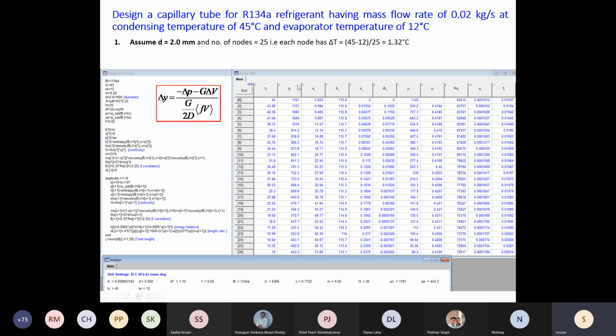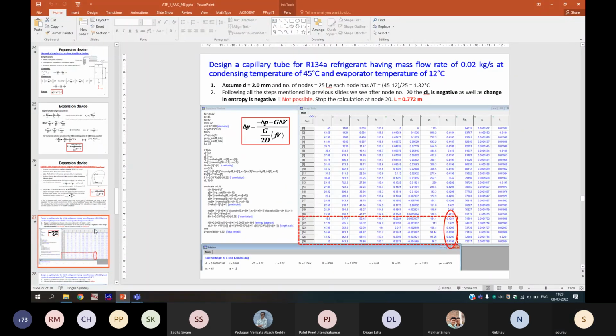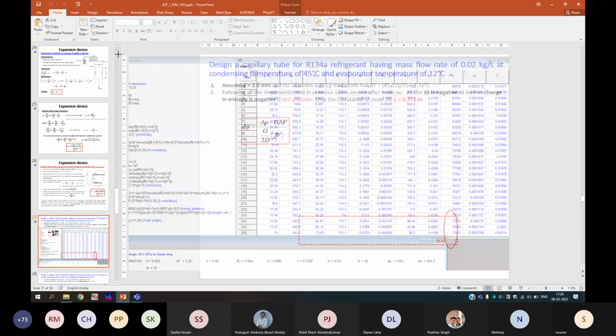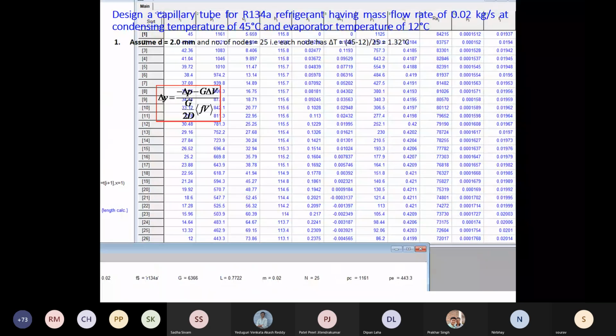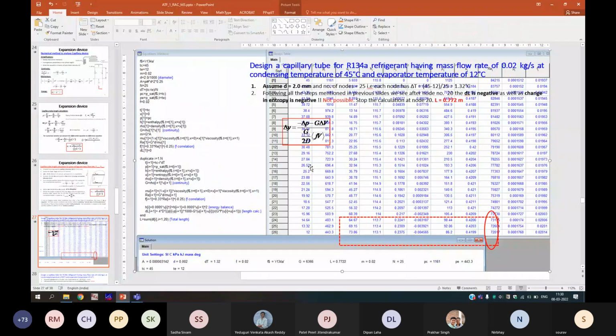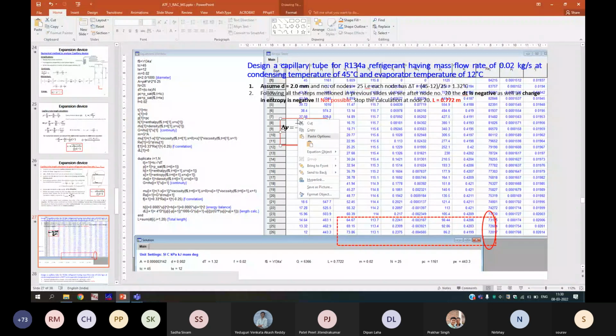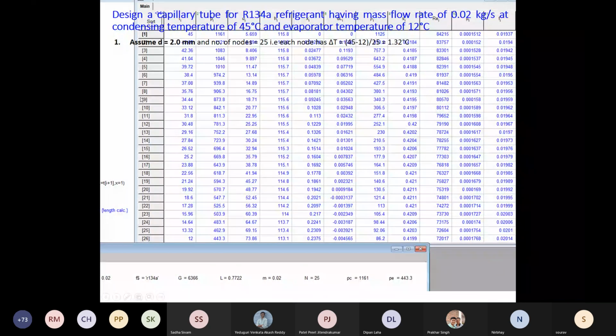So I don't know if this is visible, the pressure values and temperature values, not visible, no? Okay, now is this visible? The pressure values and the temperature values at each node.